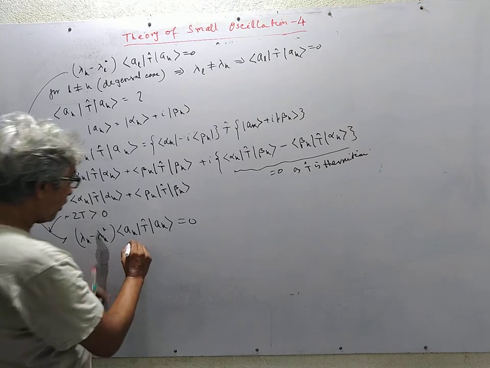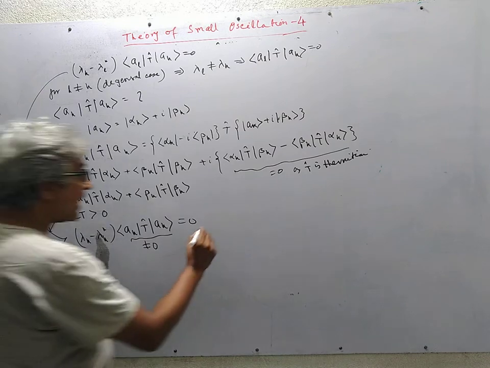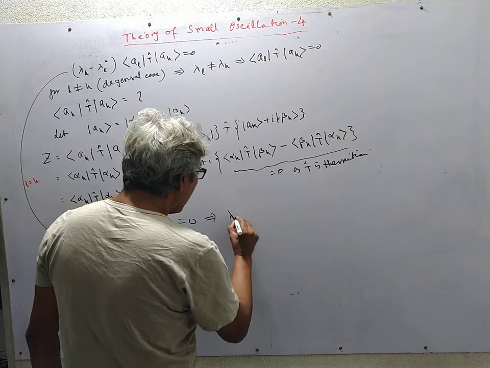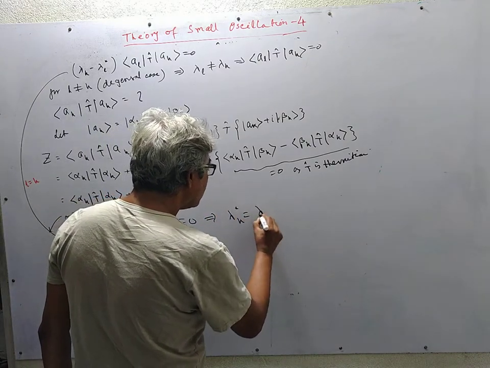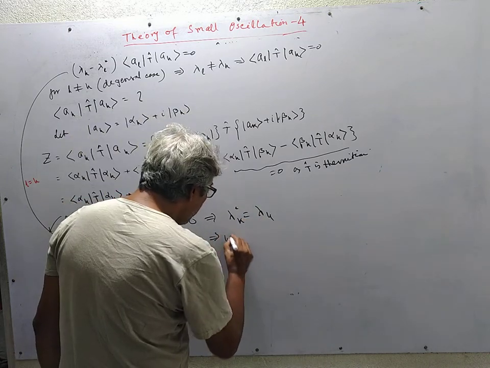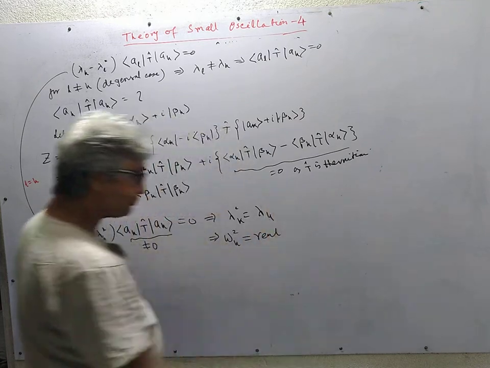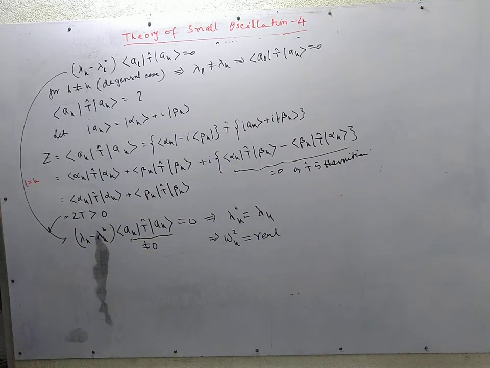Since this is not 0, as we have proved, it shows that lambda k star is equal to lambda k. So which says that omega k square is real. It doesn't yet prove that omega is real. Omega k square is real.